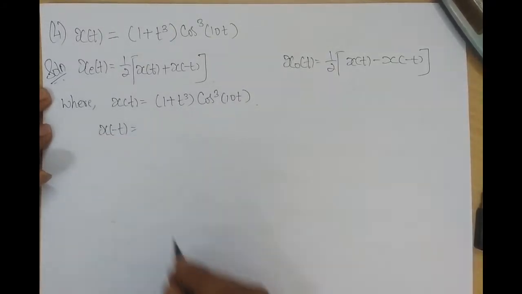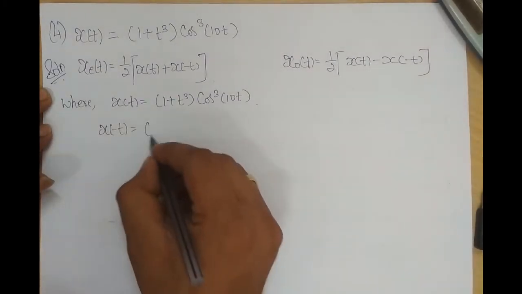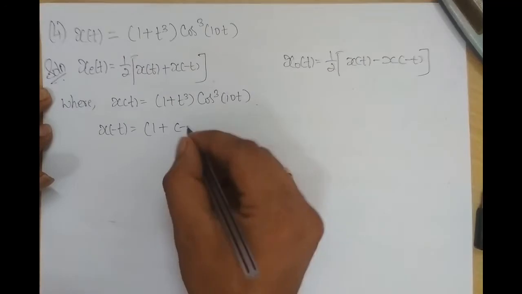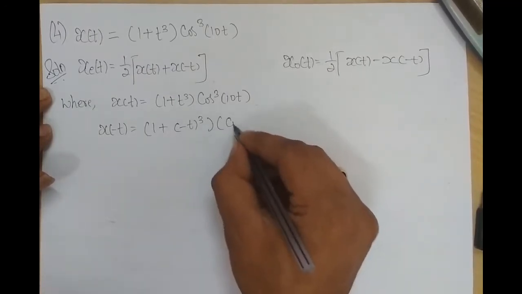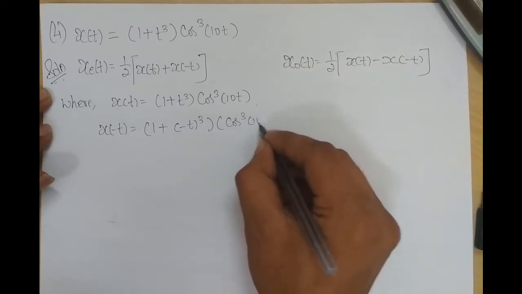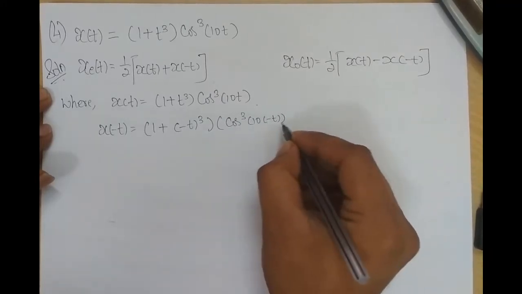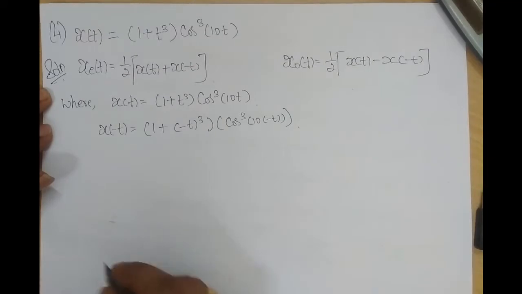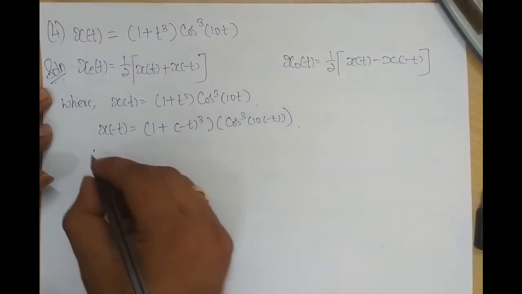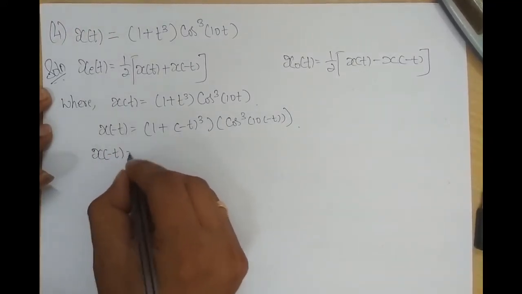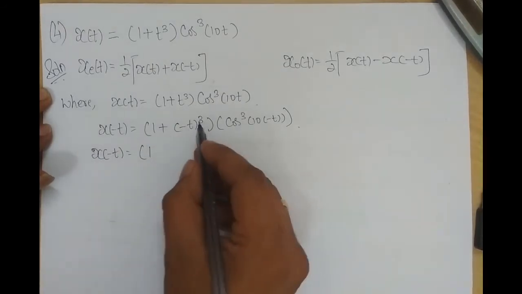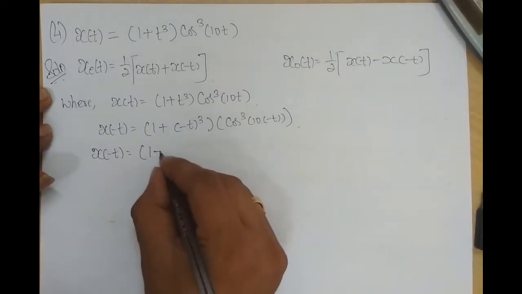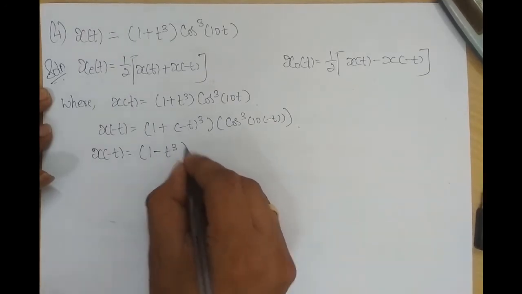In x(t), wherever t is there, I have to replace it by -t. So it is (1 + (-t)^3) cos^3(10 times -t). If I simplify this, x(-t) is equal to 1, and (-t)^3 is -t^3, so 1 - t^3.